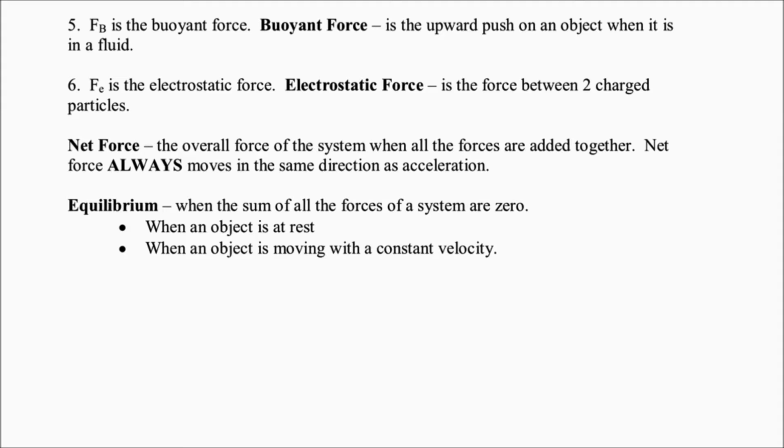We then have F sub lowercase e, that's the electrostatic force, and that's between two charged particles, like protons and electrons and things like that. We will deal with this at the very end of our physics course, but we will get there.